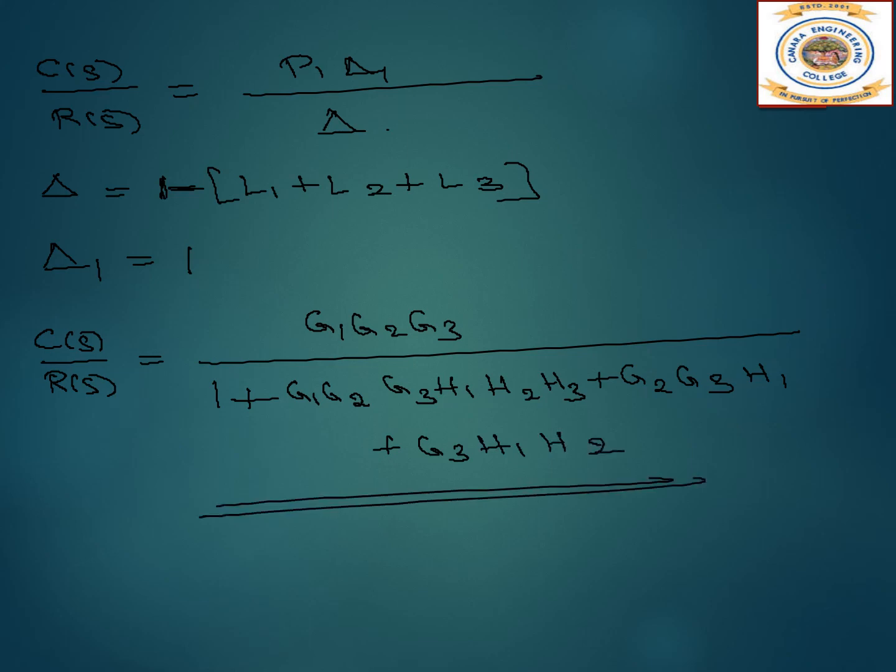Okay, so it's very simple. First, you have to write the forward path, then the loop gains, then see whether they are touching or whether you have non-touching loops. Then after that, you have to find delta, then delta 1, then it is just substituting in the given formula. That's all you have to do.